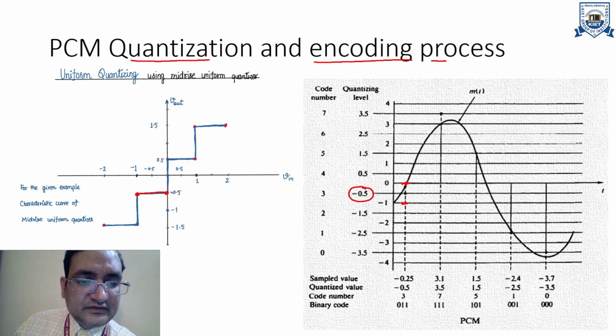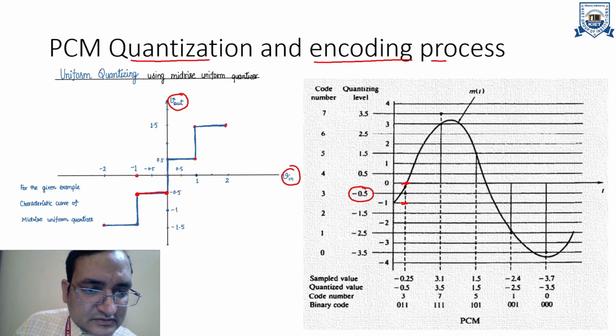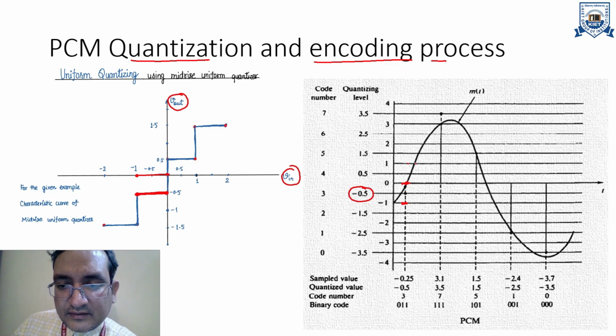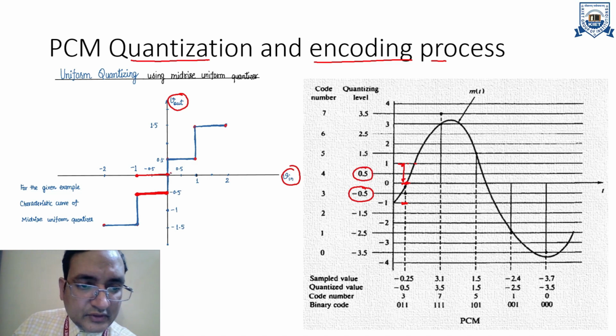So this is very simple. You can clearly see this is the V out and V in relation. For the -1 to 0 range, the output will be exactly -0.5. Similarly, for the 0 to 1 range, you will find that the quantized value is 0.5. So 0.5 is the quantization level for this voltage range.